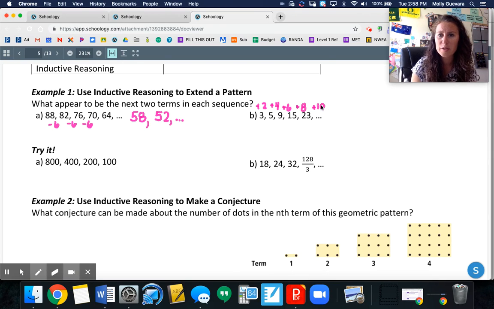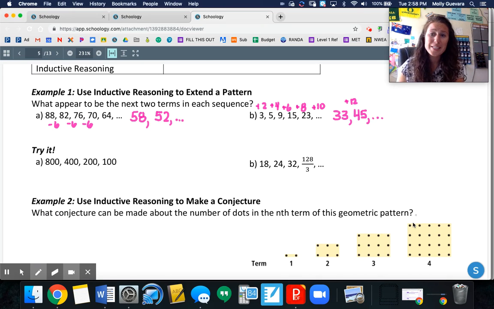So 23 plus 10 is 33. And then I would add 12, and 33 plus 12 is 45. So you're not always adding the same number every single time. In this case, it was very helpful to me to write down what I am increasing by every single time. And then I was able to see a pattern up in there.